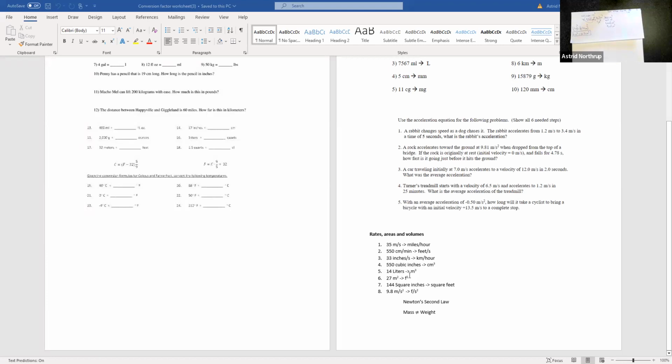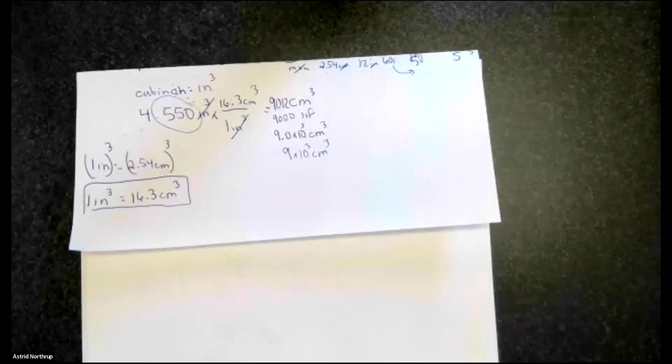Liters to cubic meters. A liter is a volumetric measurement, so a cubic meter, or meters to the third, is also a volumetric measurement. So what you need to do is just find the conversion factor between those two, and you can do that just using Google or whatever.